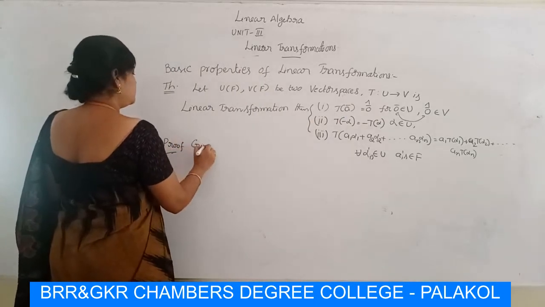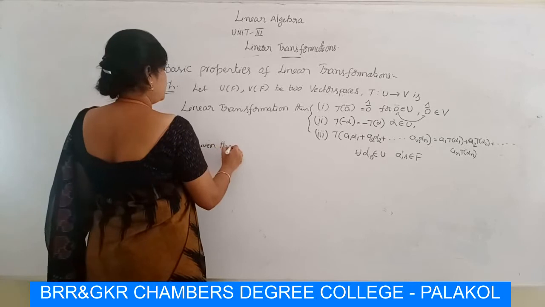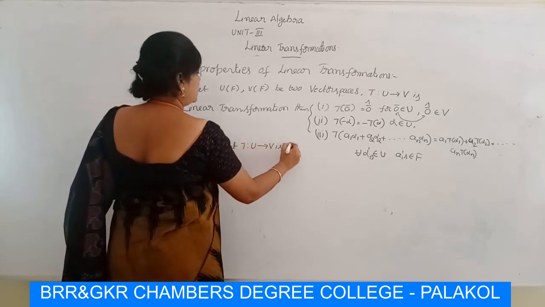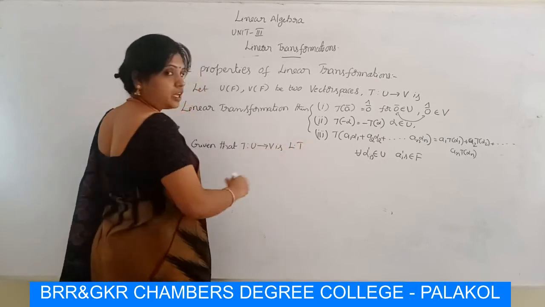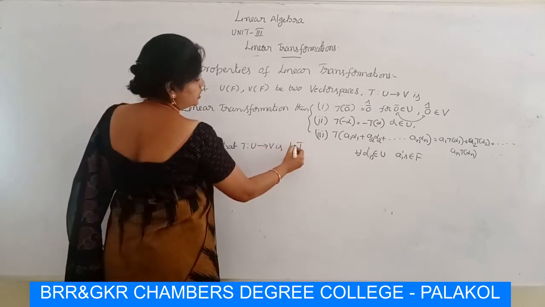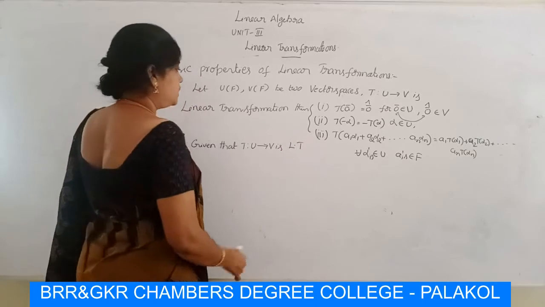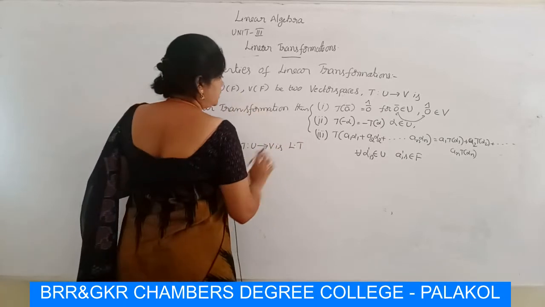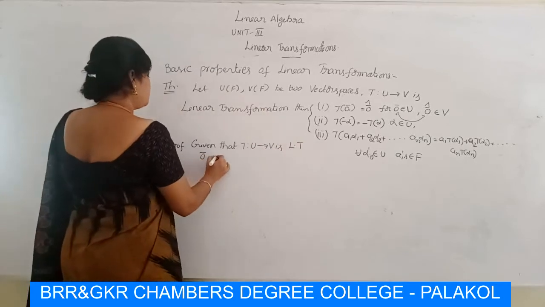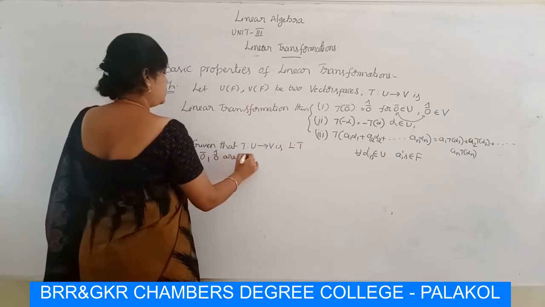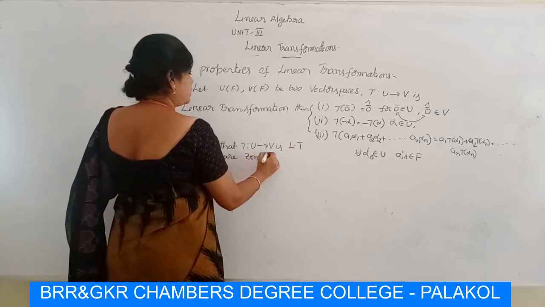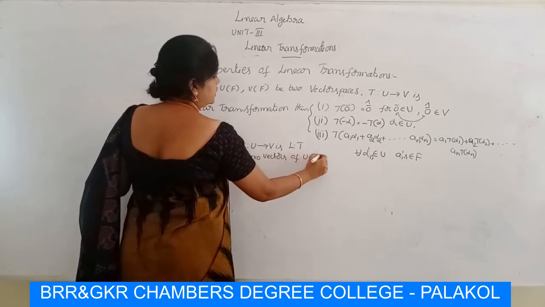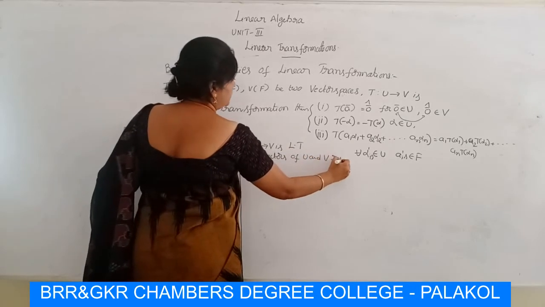Given that T maps U to V is a linear transformation, simply I write it as L.T., but read as linear transformation, and 0 bar, 0 crown are the 0 vectors of U and V respectively.